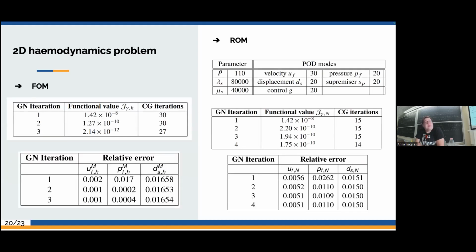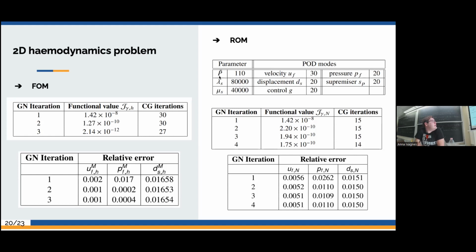And here I present the decay of the full order model and the reduced order model for the Gaussian parameter value here at the final time step, and I also indicate how many POD bases we used for each of the variables in our problem.